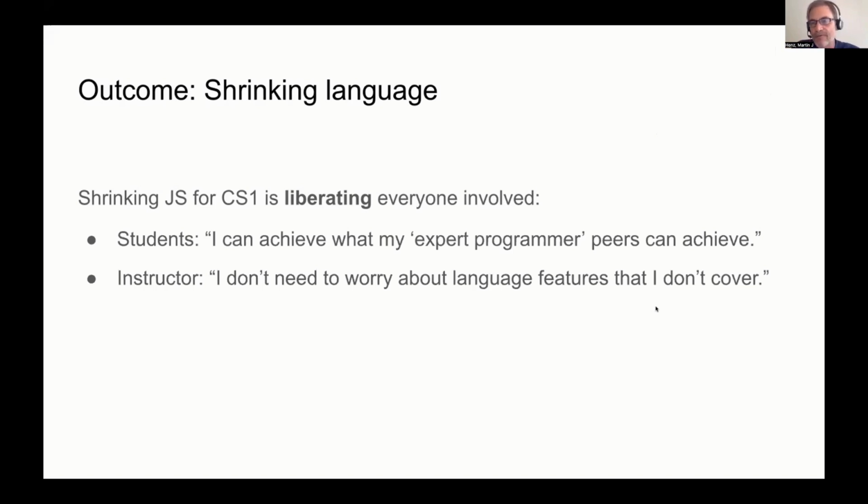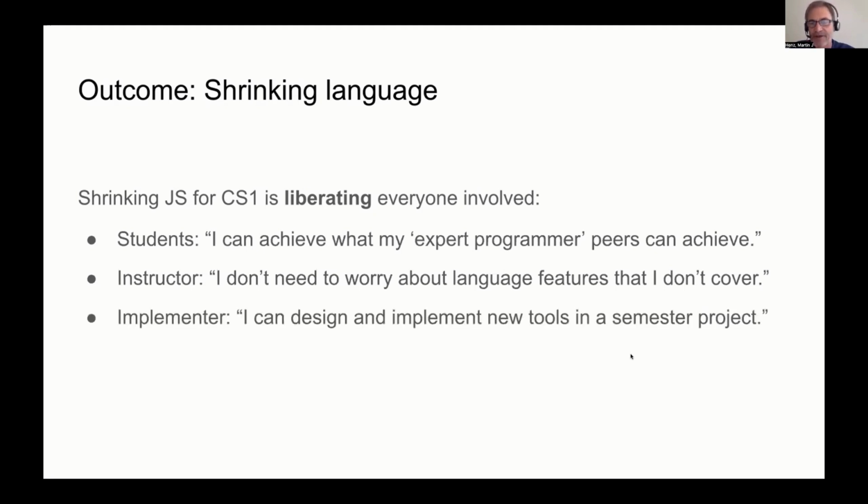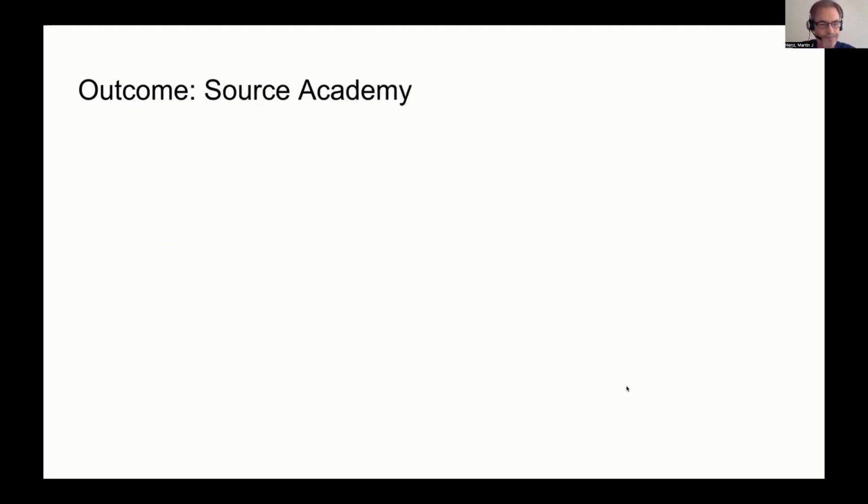We don't want to cover object-oriented programming in this course, and we don't need to discuss it because it's not even possible for students to use objects in these sublanguages. The implementers of our Source Academy are liberated because they can design and implement new tools for the system in semester projects, and that would not be possible if the language would cover the full language of JavaScript.